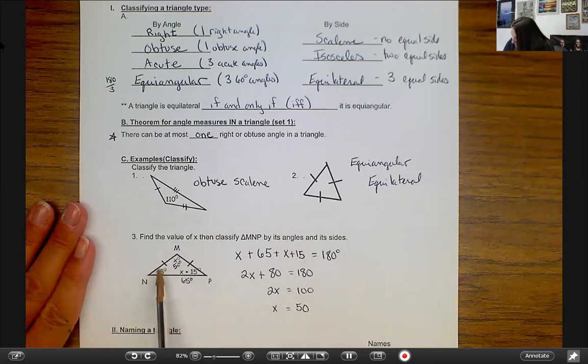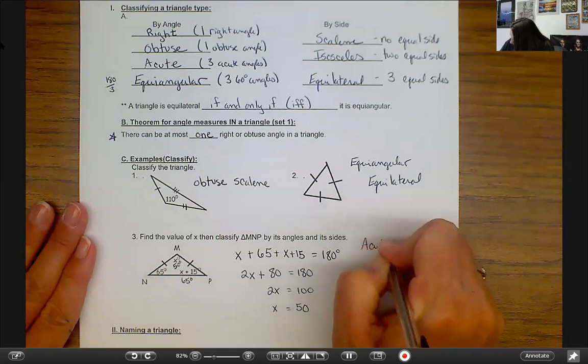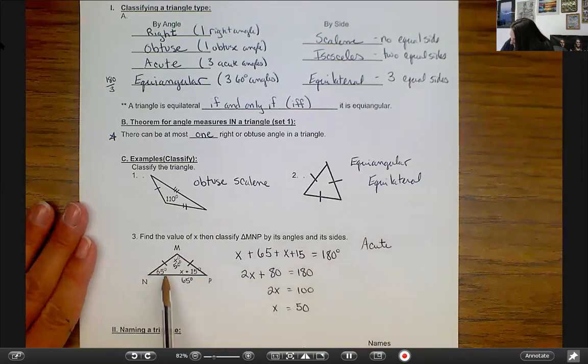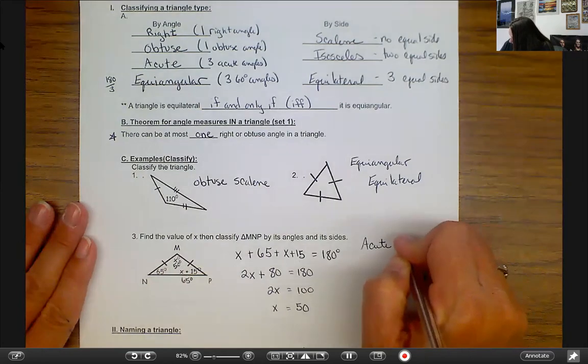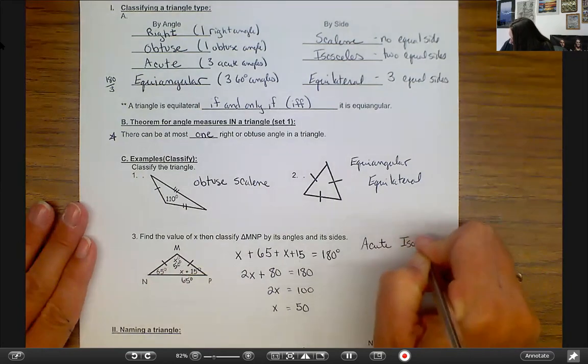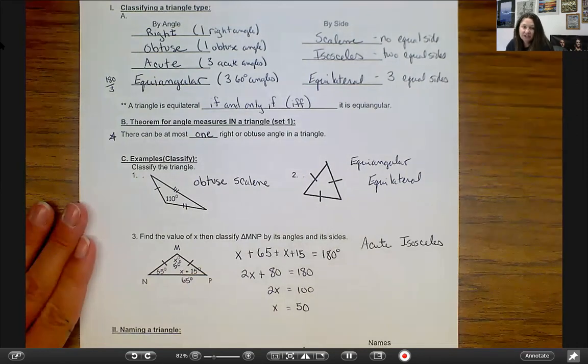It has all acute angles, so this one would be acute. And it has 2 equal sides, so then this would be isosceles. So acute isosceles.